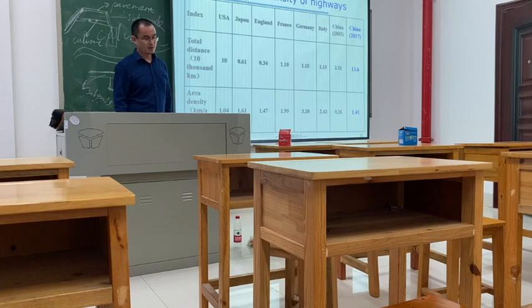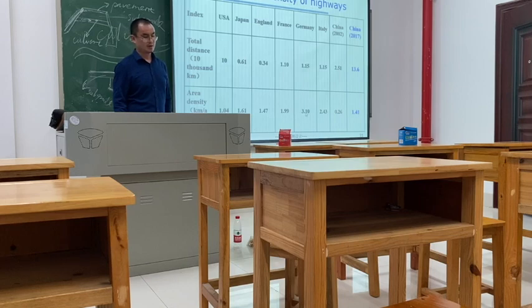This is the comparison of density of highways. China is developed, advanced. The total distance is advanced. But the area density is not the fastest.